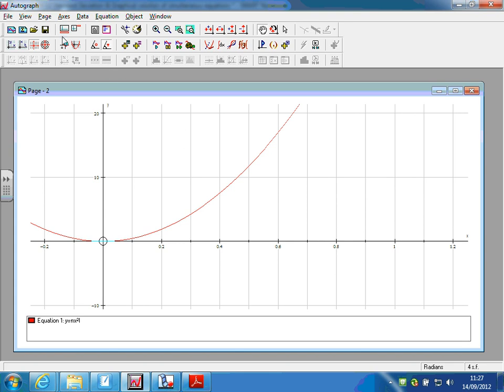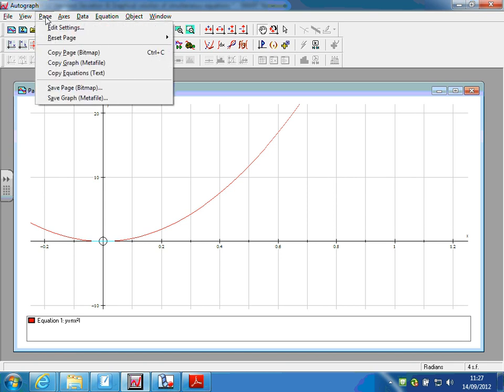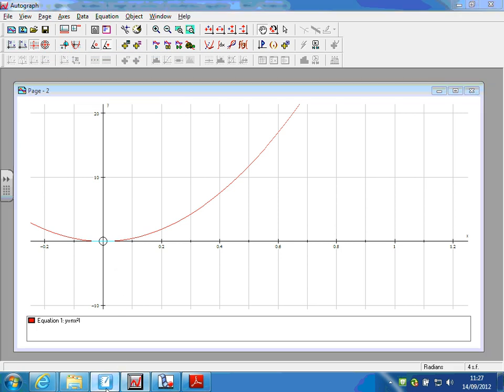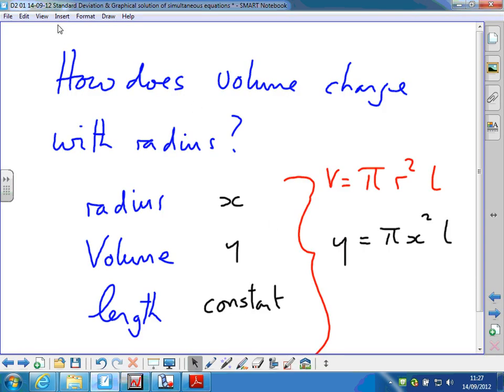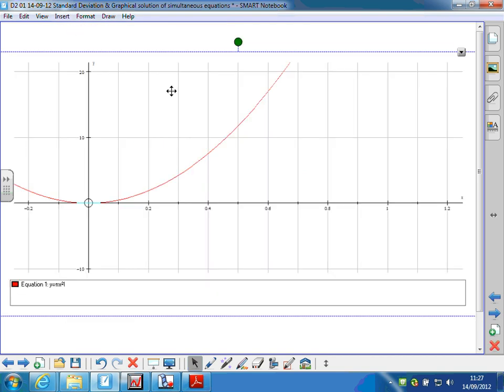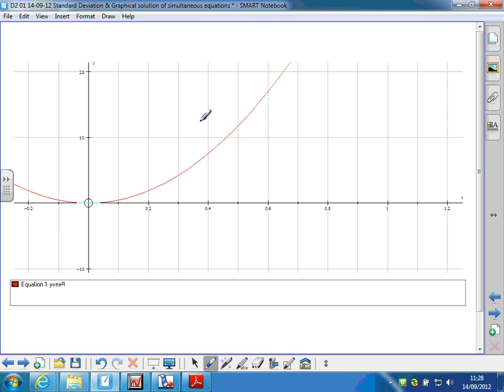If you want to put this into your assignments, just as a reminder to you, that's what I want. So I hit page, copy page as bitmap, and then I can go to Word, or in this case I'm going to go back to my notes here, insert a blank page, and paste it in. And there is my plot. And so now I can label it up.